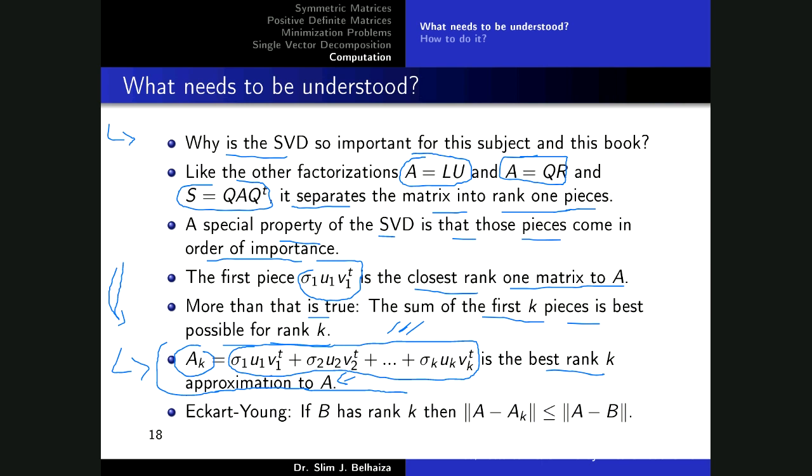And we say that if we take the n first derivatives, this polynomial gives you the best approximation to your function at this point. Am I right? So somehow here, it's telling us that if you take the k first singular vectors, they give you the best rank k approximation to A.